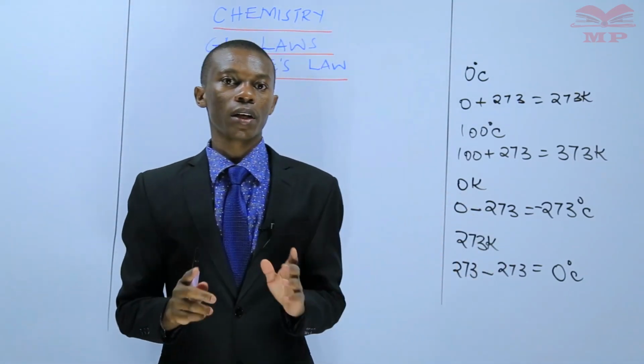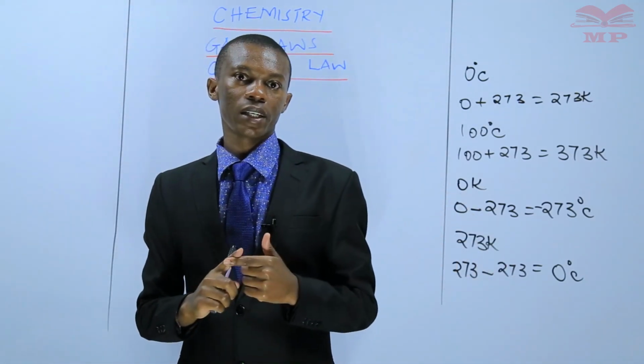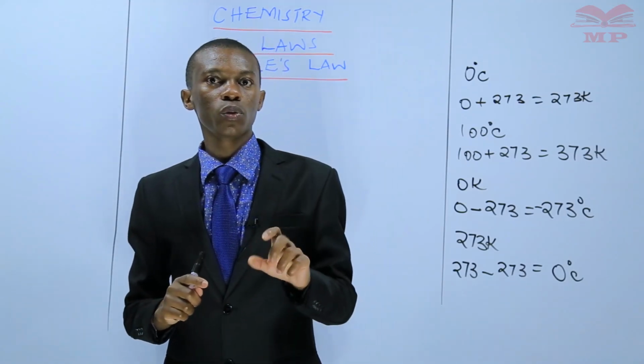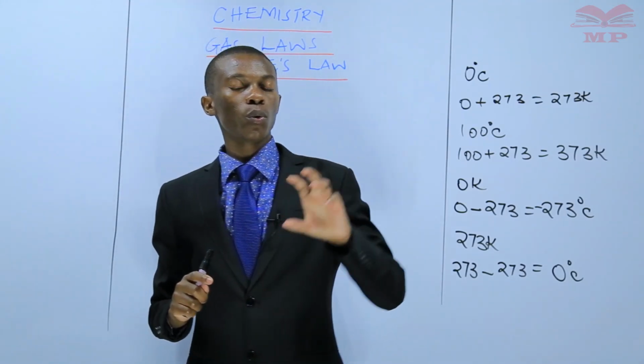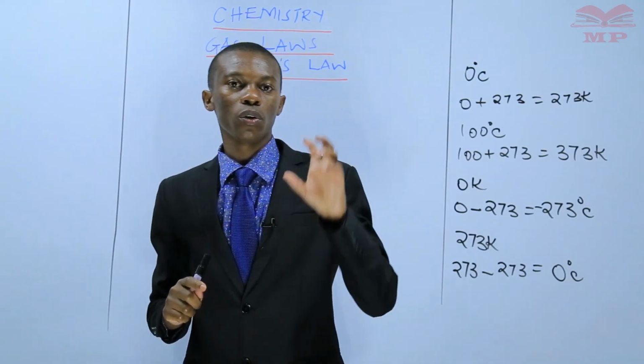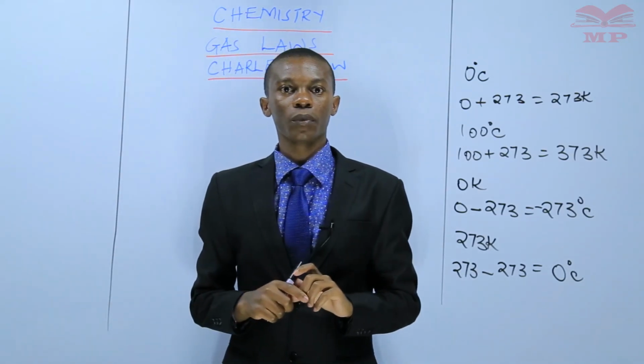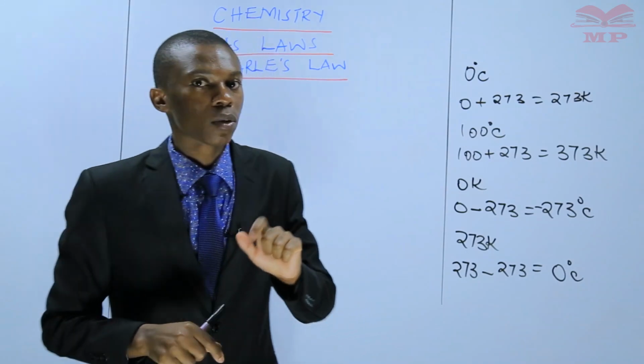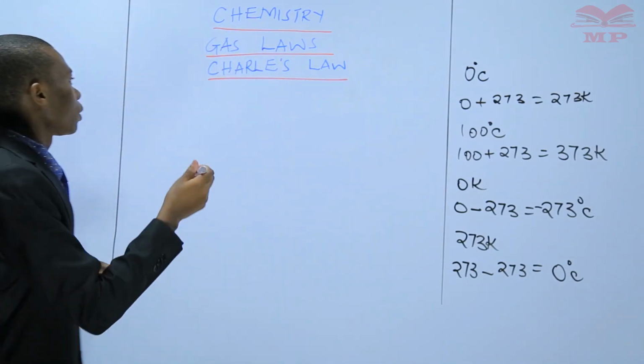In this lesson, the objective is that by the end of this lesson, you should be able to do worked examples on Charles' law. Therefore, in this lesson, I want us to do examples.